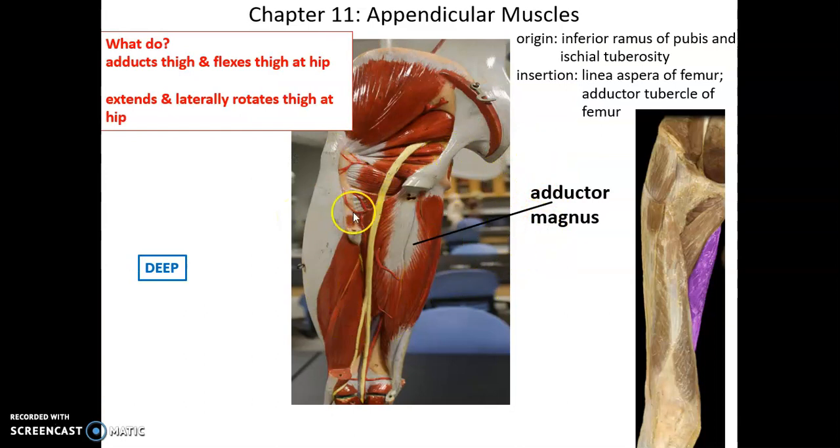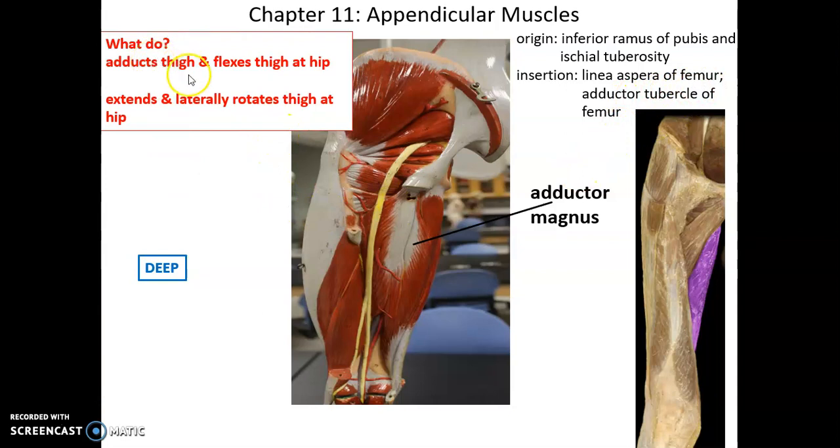Then sort of posterior is this large, deep muscle called adductor magnus. So here's looking at it from the anterior side, here from the posterior side. This large muscle has its origin in the inferior ramus of the pubis and the ischial tuberosity, and its insertion is the linea aspera of the femur and the adductor tubercle of the femur.